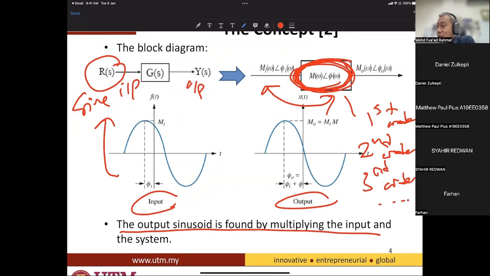Okay, Shahir Ridwan. Yes, saya, Doktor. What is the definition of first order system? Tak dapat. Lama nak raya. Daniel Zulkifli.